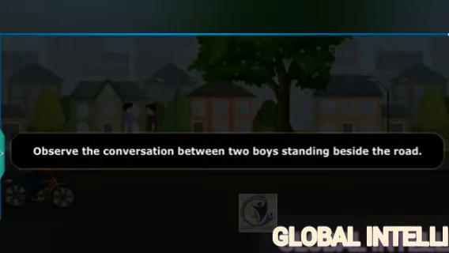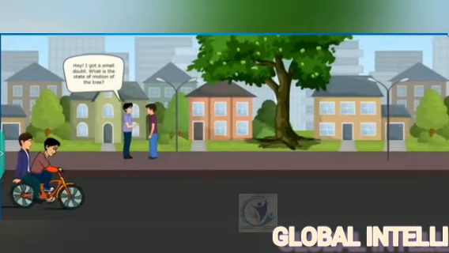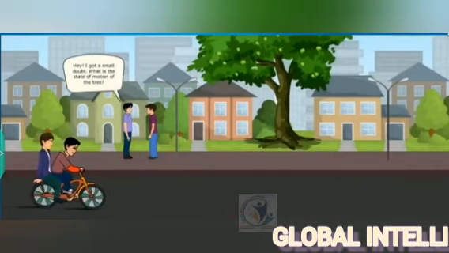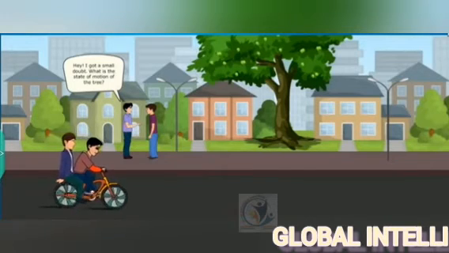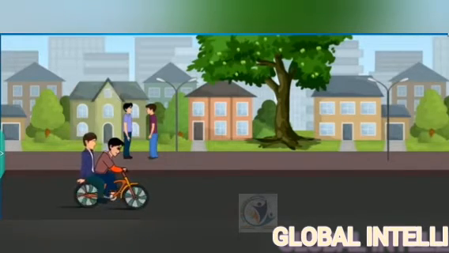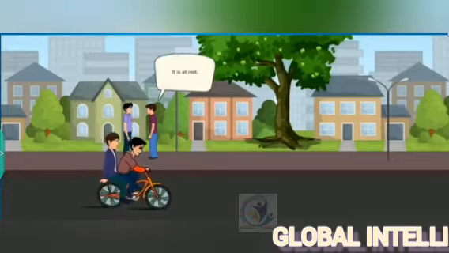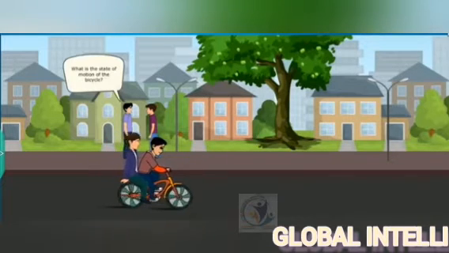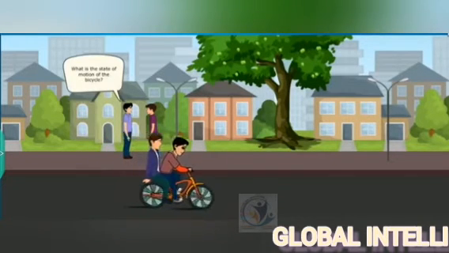To answer these questions, let us observe the conversation between two boys standing beside the road. Hey, I got a small doubt. What is the state of motion of the tree? It is at rest. What is the state of motion of the bicycle? It is moving.